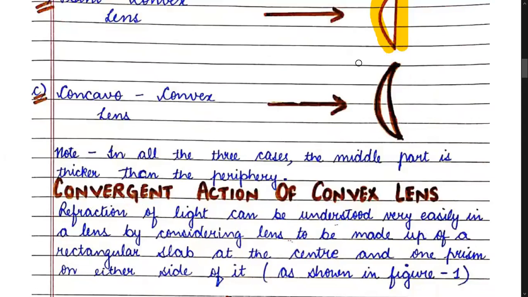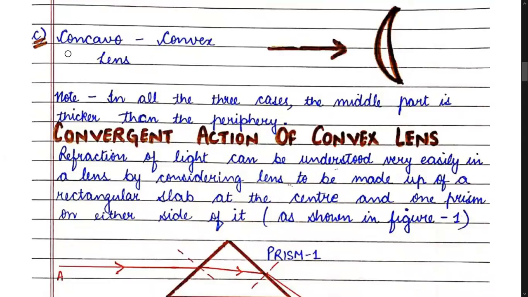Coming to the third category, that is concavo-convex lens. Students, here, one side is convex while the other side is concave. It is not plane from the other side, rather it is concave on the other side.